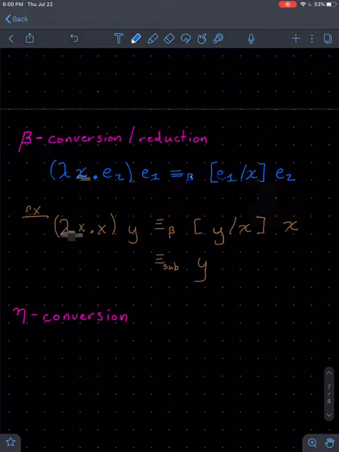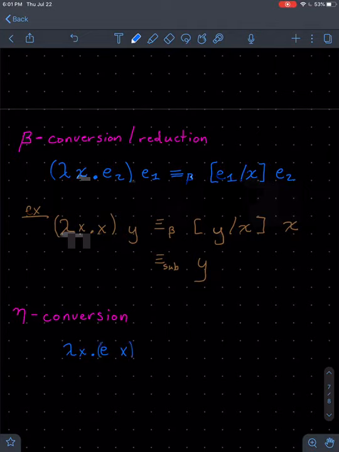With eta conversion, we have lambda x dot e x, so e applied to x.